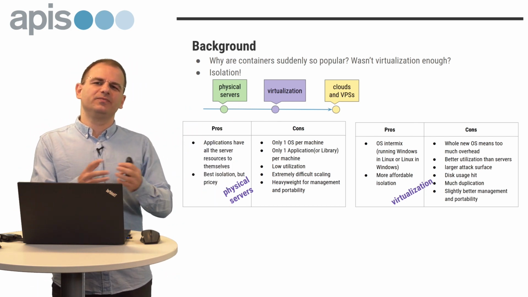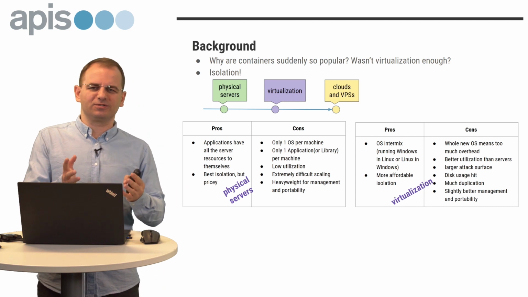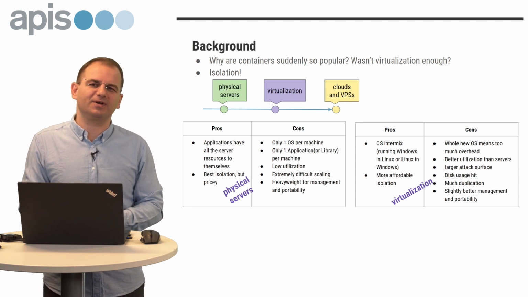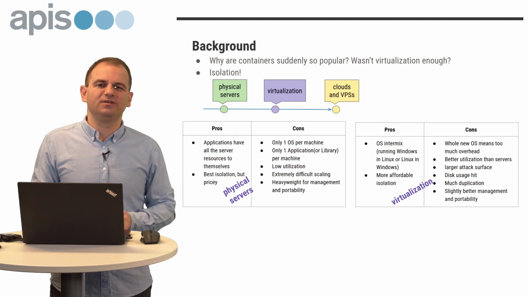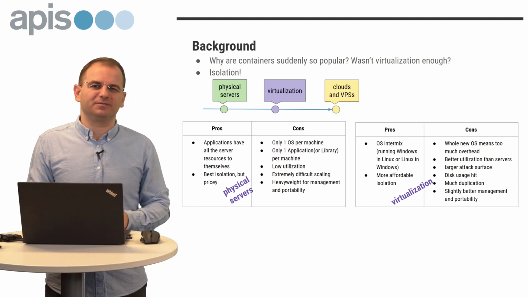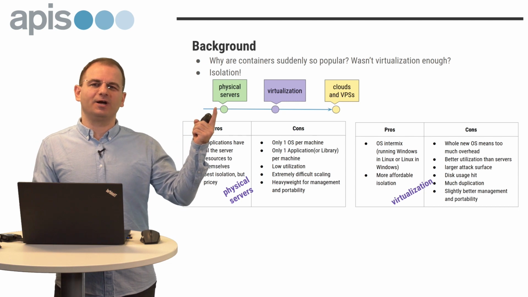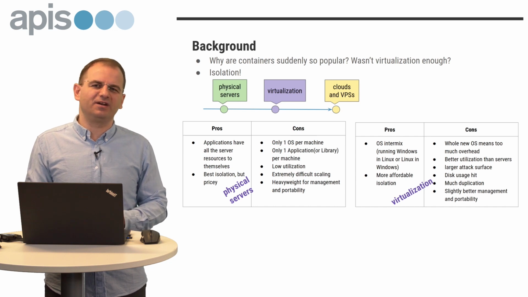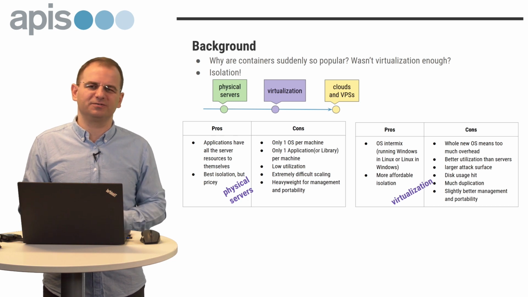And now you could also run more than one virtual machine on a single machine, right? And the utilization skyrocketed, right? So before, you have your one application, it could be sitting there and doing nothing for most of the time, but your server is there and using power and network and all those resources, right?